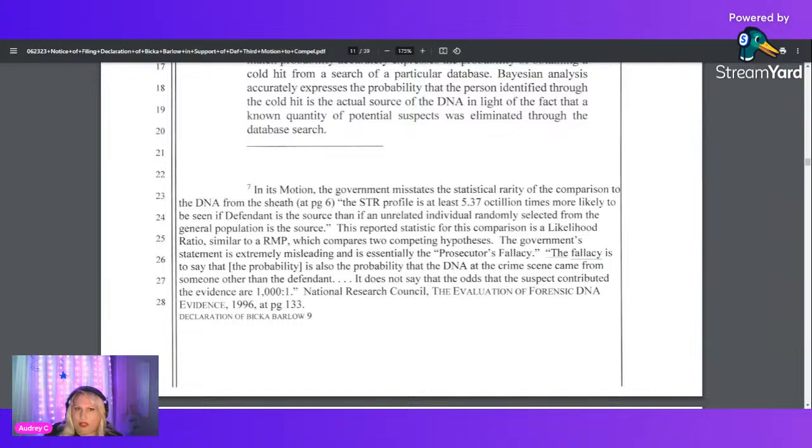So where is the STR profile they used to compare to anything? Because if the defense is saying, okay, state, you're doing the prosecutor's fallacy, you are confusing things, and what you're stating is not actually what the information says, then what? I don't know. Anybody?